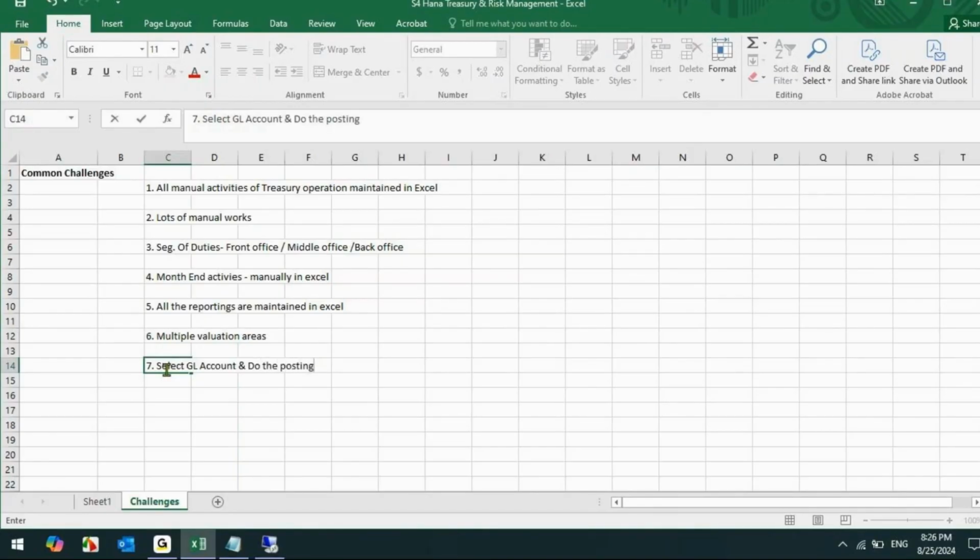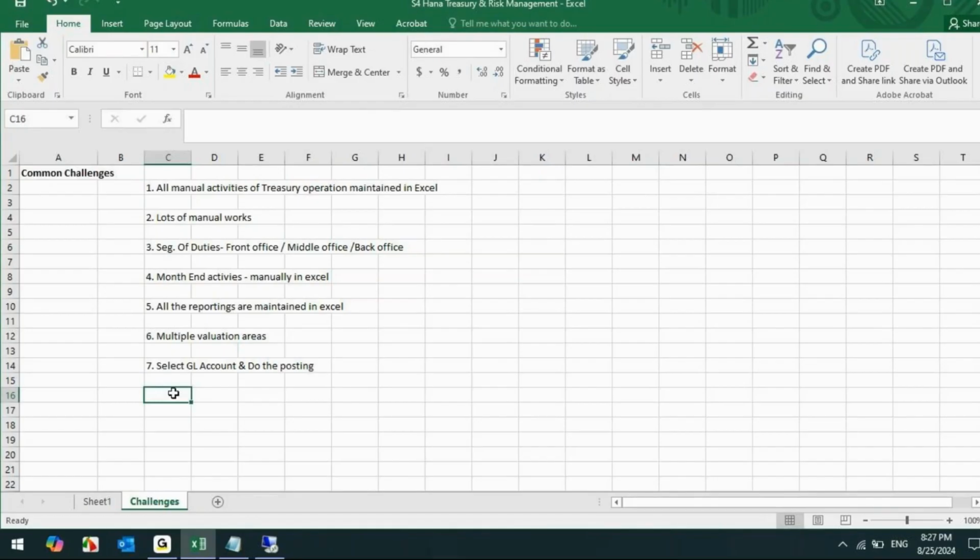Now, the problem here is that whenever you do this posting into the GL account, you have to remember there are very limited fields in a GL account. For example, SAP Treasury requires lots of information for any sort of investment. When I talk about a fixed deposit, what information do we require? A front office, middle office or back office requires proper accounting and proper information about the fixed deposit.